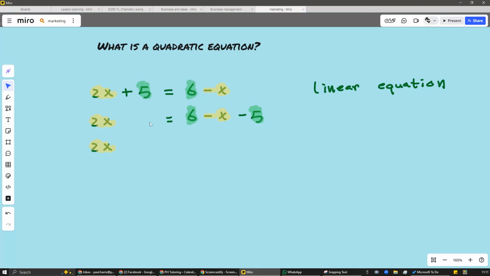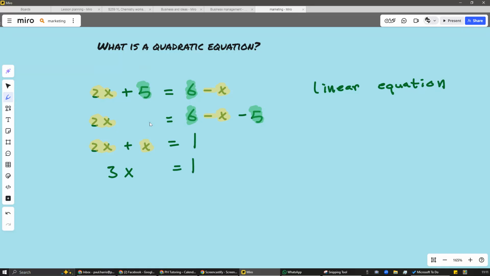And then that leaves just 6 minus 5 on the right-hand side, which we can actually just calculate now, which is going to be just 1. And we can add these two together as well, and that gives me 3x. So we've got 3x on the left, we've got 1 on the right.